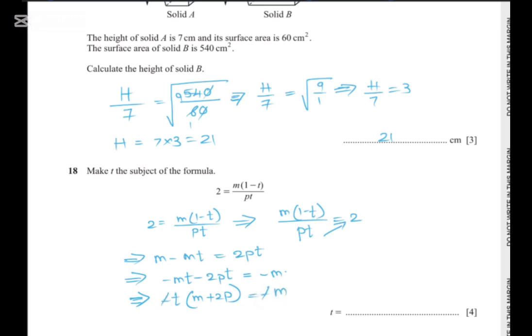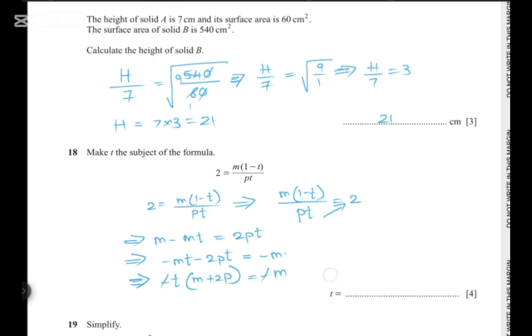Minus minus gets cancelled when it is on either side of the equation. Then keeping T on the left hand side, bring m plus 2P to the right hand side. So m by m plus 2P is the answer. So here the subject is changed.